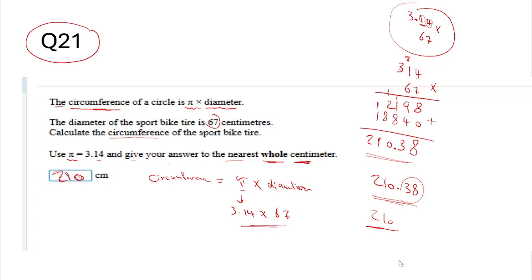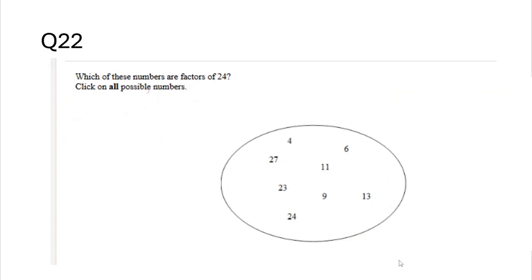Okay, let's move to question number 22. Which of these numbers are factors of 24? Click all possible numbers. The factors of 24 are the numbers which, if I multiply together, will give me 24.